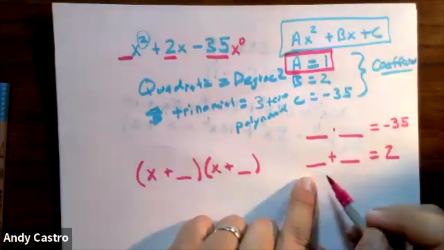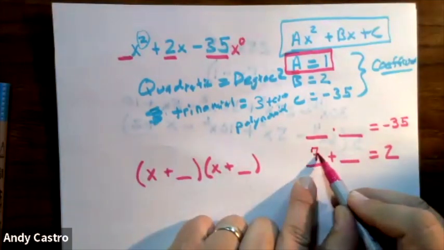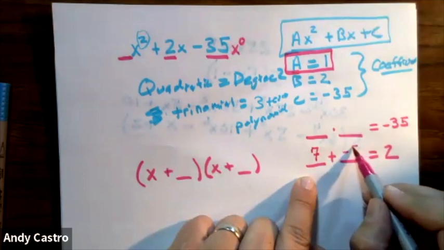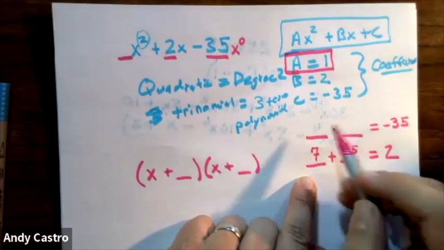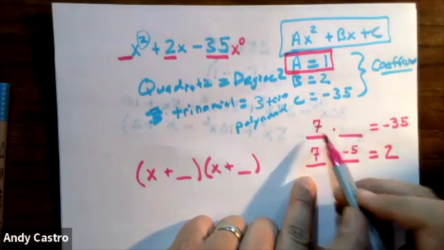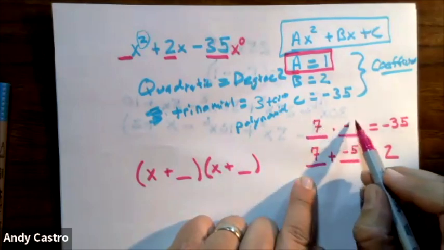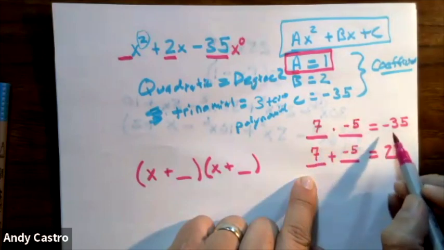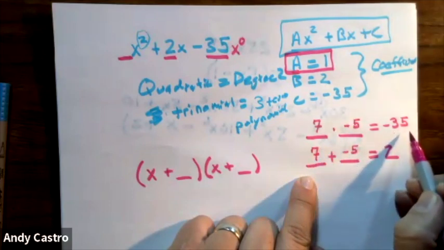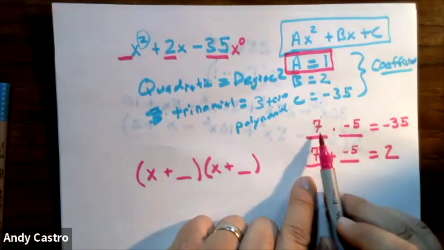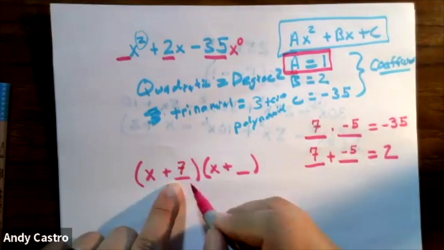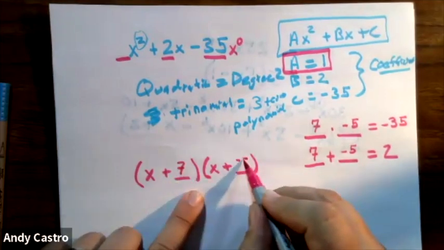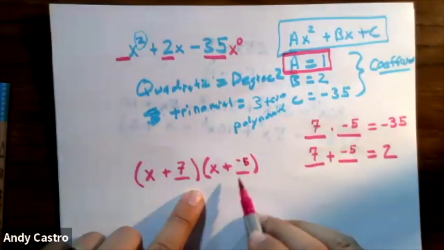But I also need them to add together to get positive 2 and multiply to get negative 35. So I know that if I have a positive 7 and a negative 5, if I add those 2 together, I get a positive 2. If I multiply the positive 7 and the negative 5, I'll get a negative 35. So my 2 numbers are positive 7 and negative 5.